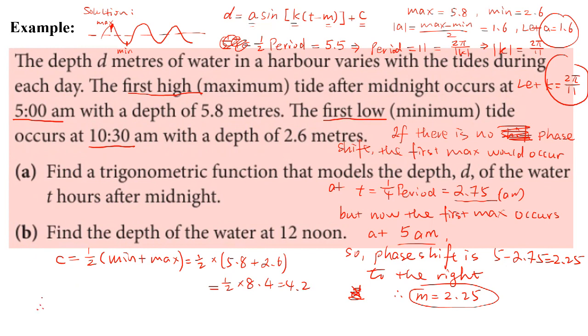Okay, so we have all the parameters here. The final solution of the function is d equals 1.6 sine of 2 pi over 11 times (t minus 2.25), then plus 4.2. Okay, so this is the first question.